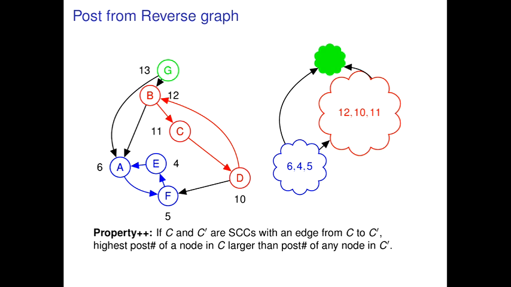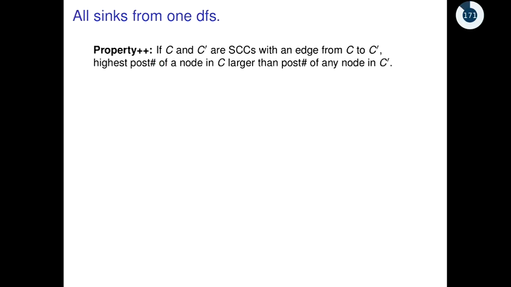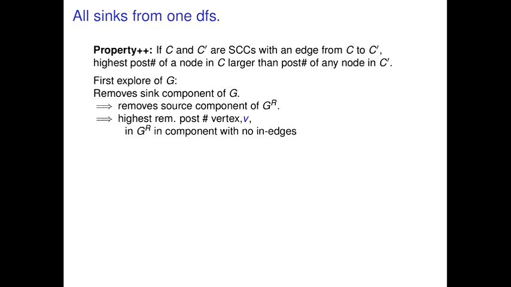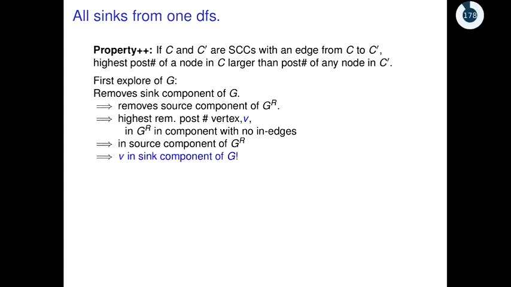So first exploring from G removes a sink component, and removes a source component of G sub R. The highest remaining post-order number in the remaining graph in G sub R is in a component with no in edges, in a source component of G sub R. So V is in the sink component of G. So that's what we did first, and that's how it works.